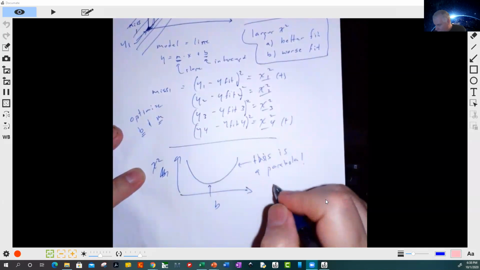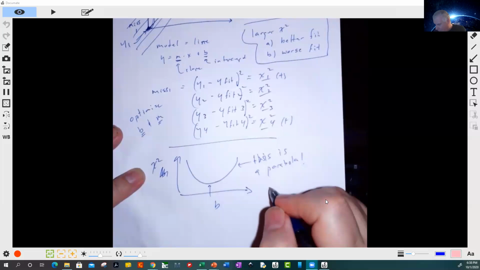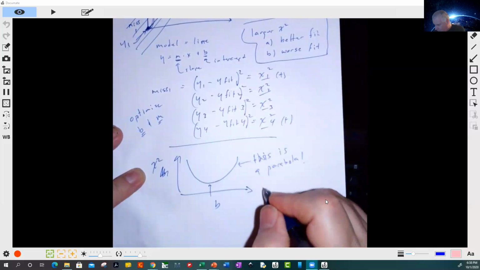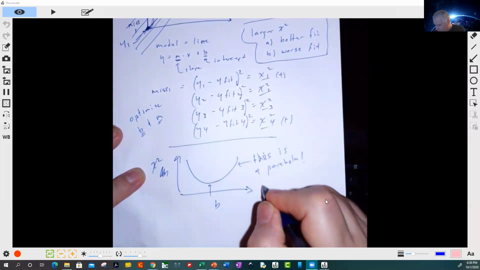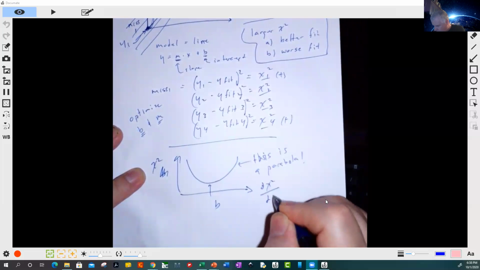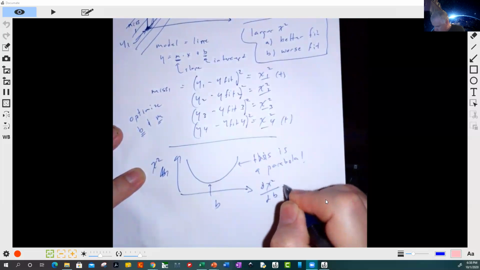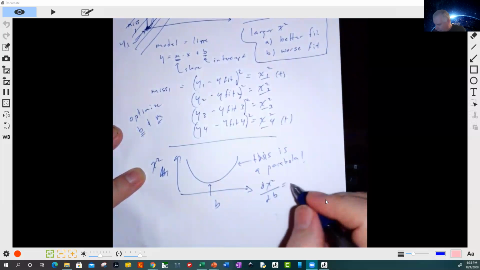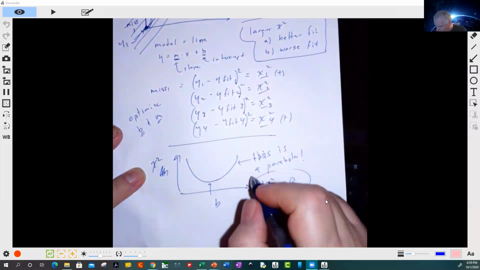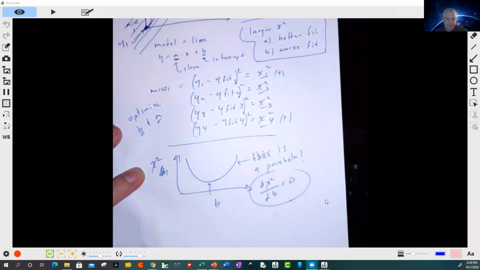You take the derivative of chi-squared versus B, whatever that function is, and set it equal to 0. When this is equal to 0, this thing will go through a minimum.